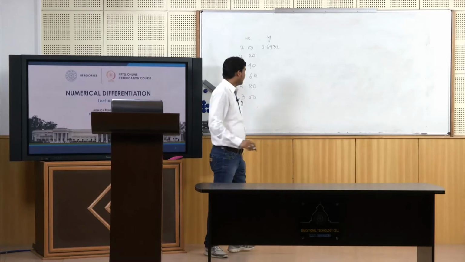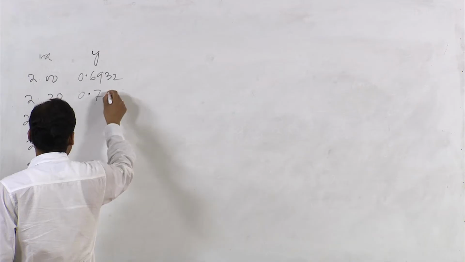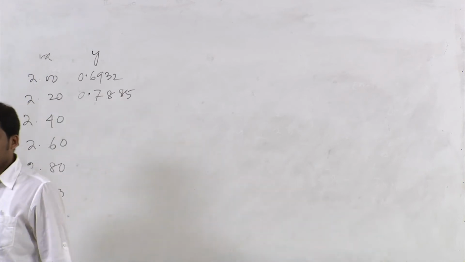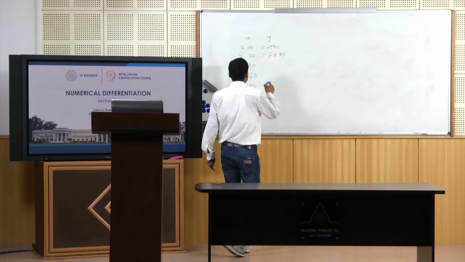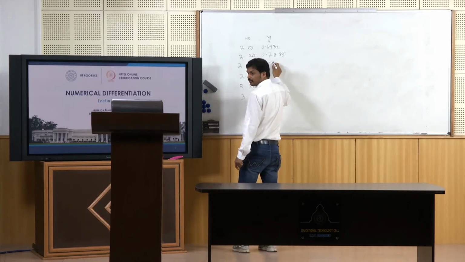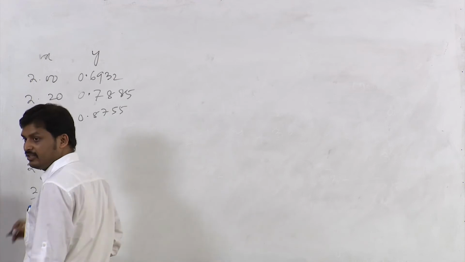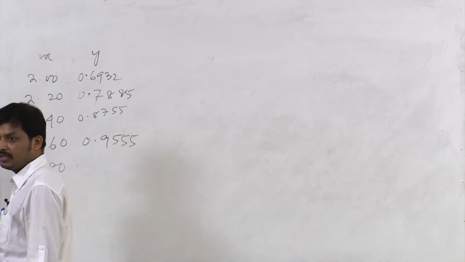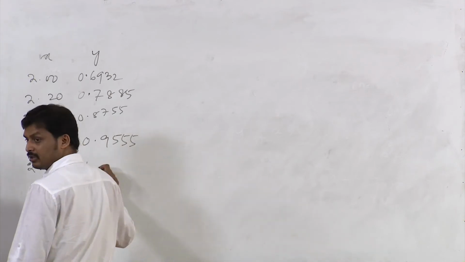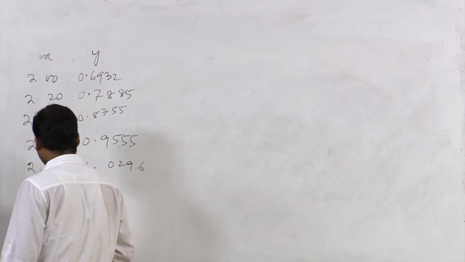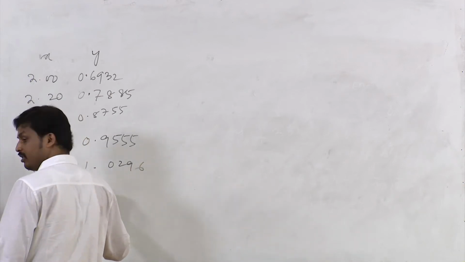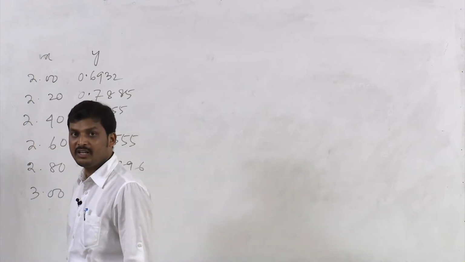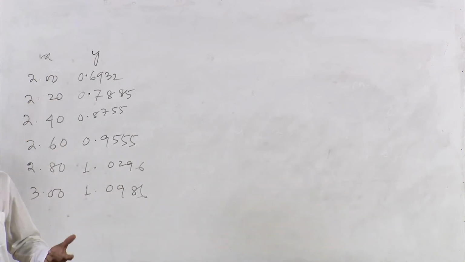Let me write this point again: 0.7885 at 2.20, then at 2.40 it is 0.8755, at 2.60 the value is 0.9555, at 2.80 the value is 1.0296, and at 3.0 the value is 1.0986. So, first differentiation we can easily obtain, since in the last lectures we have already explained that.